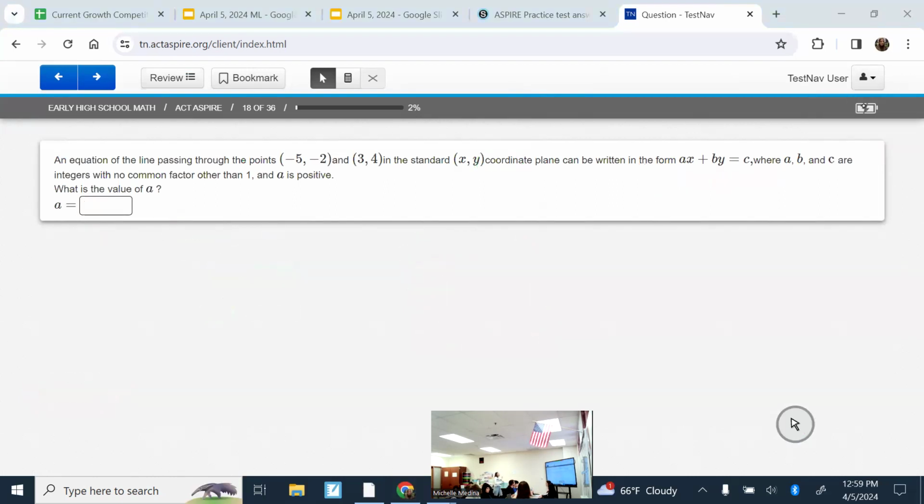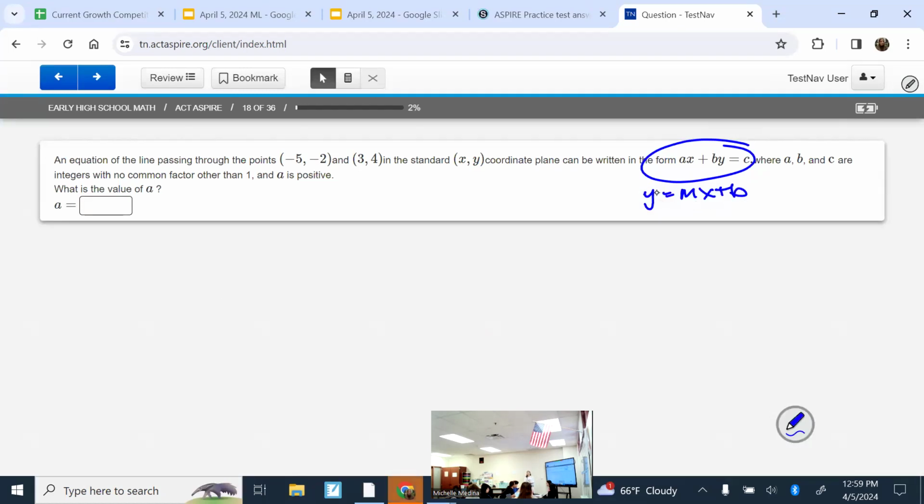But just me, like being a good studier, I memorize the fewest amount of things as possible. Like I know that there are ways to look at standard form and get the slope from it. Personally, I don't do that. I would rather memorize that this is another form of y equals mx plus b.